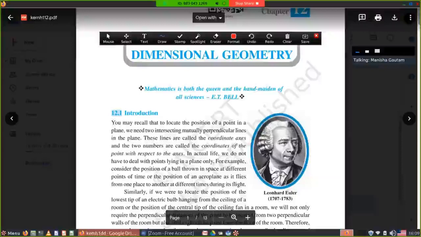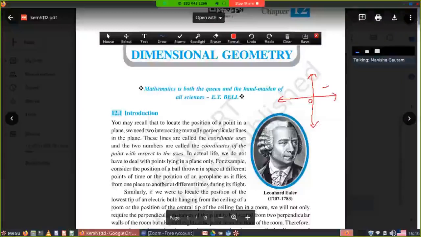In short, in coordinate geometry in class 10th, you have studied when two mutually perpendicular lines intersect each other. Suppose it is origin O, then you will get four parts of the plane.